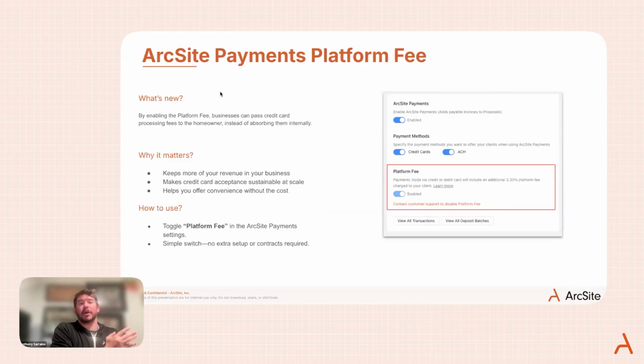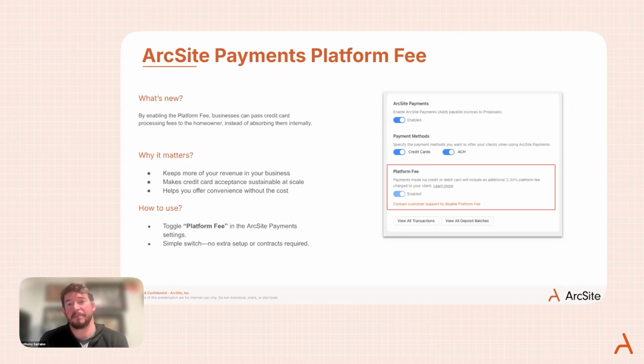All right. Another great thing that we've actually added, and another reason if you're not on payments you might want to sign up now, is this ability to add a platform fee to the client. So if you think about any type of payment provider that you're on, there's a processing fee that typically you as the pro are taking on.